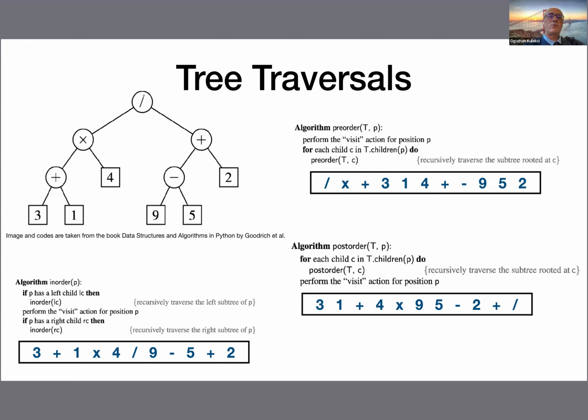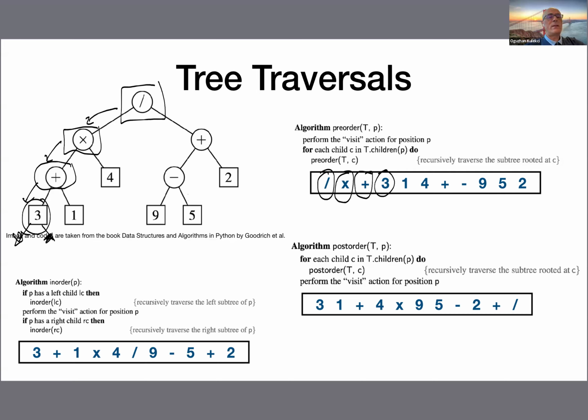So I start with the root node. This will call itself for the first child of this root node, which is this one. So you have printed this division operation and then the multiplication operation. You go there, you print the addition, you go there, you print 3. And since 3 is a leaf node, it doesn't have a left child, it doesn't have a right child.